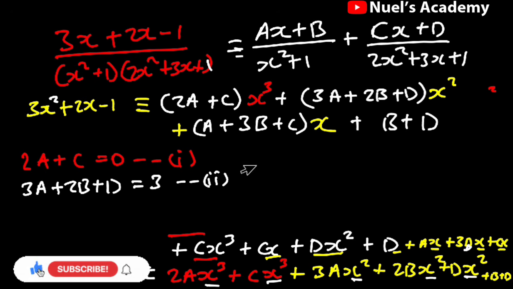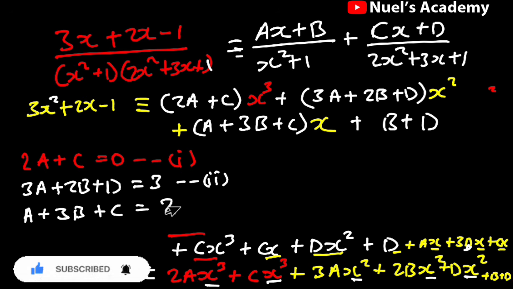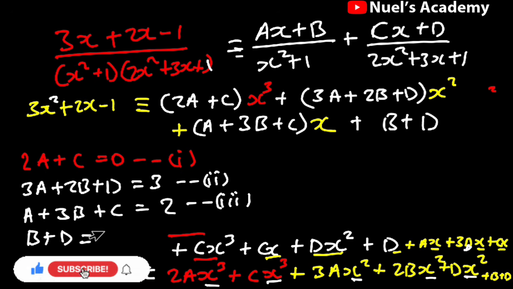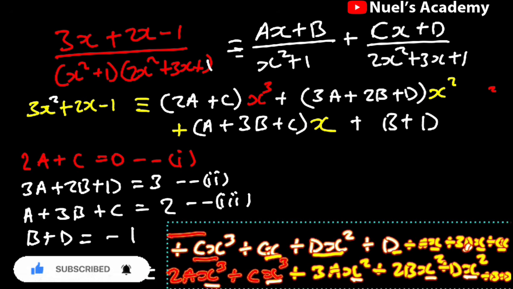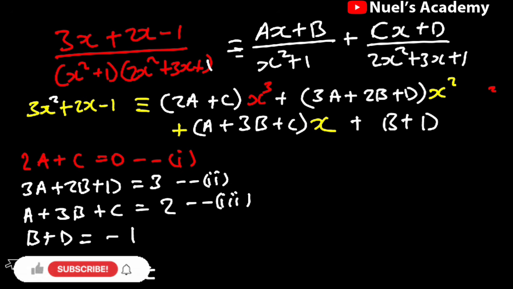And then for x, we have that a + 3b + c is equal to 2. Let's call this equation III, and then the constant b + d is equal to -1. That is going to be our equation IV.